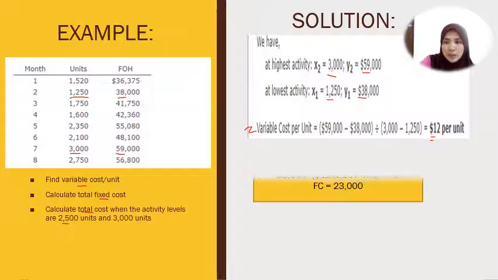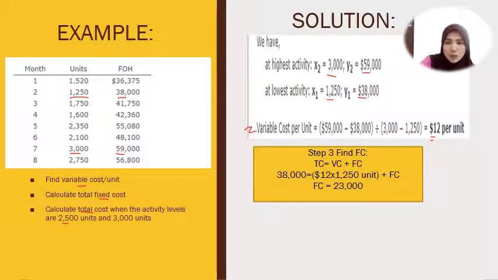Okay, third step, after you find the variable cost per unit, you have to find the fixed cost. To find the fixed cost, we can test any activity level. With the formula, we know the total cost equals variable cost plus fixed cost. So now we try the level 1,025 with the total cost of 38,000.